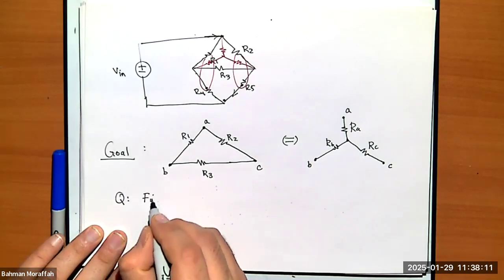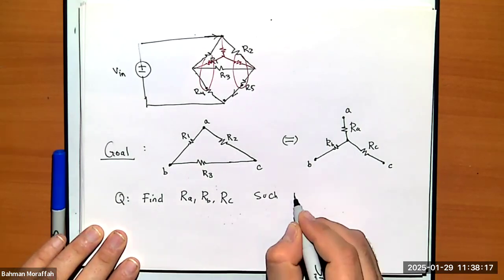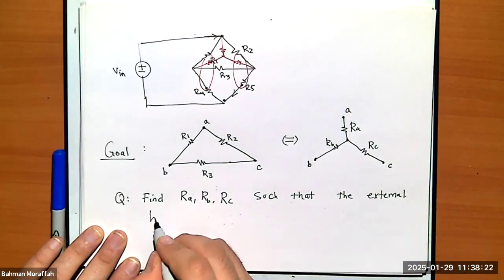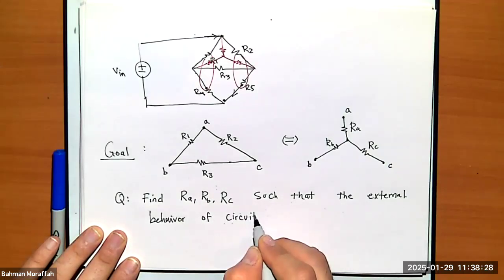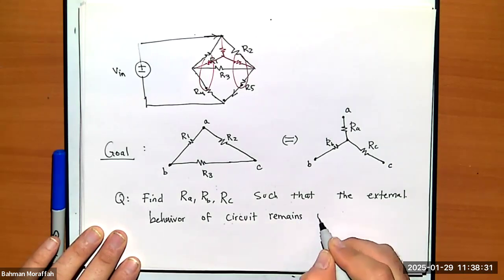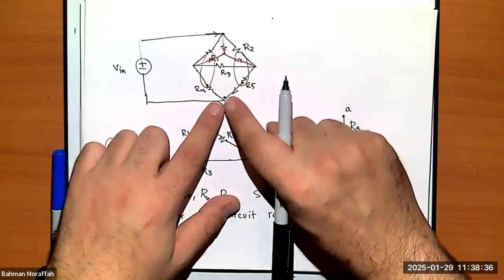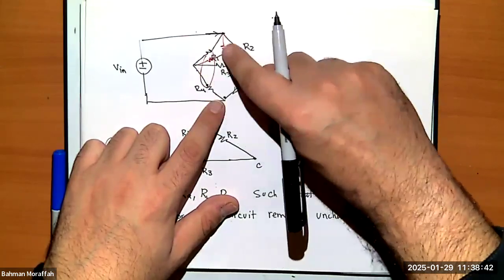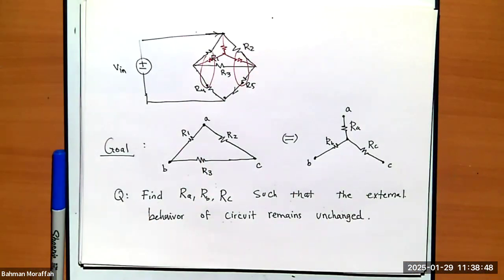So the question is, find RA, RB, RC such that the external behavior of the circuit remains unchanged. And as I mentioned, since this is not a part of this triangle, if I want to find current through this, if I replace this triangle by this Y, this current should not change. So I have to obtain RA, RB, and RC such that this happens. Okay?